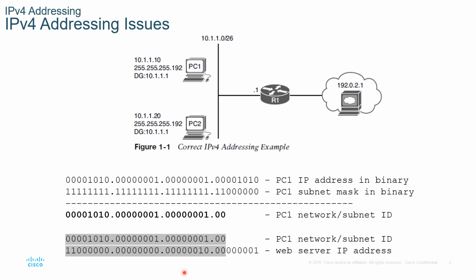In this case, they are not the same. In conclusion, the web server is in a different network or subnet since the bits are not the same. Therefore, to communicate with the web server, it needs to send the data to its default gateway. So PC1 will create a frame with its own source MAC address and the MAC address of R1 as the destination.